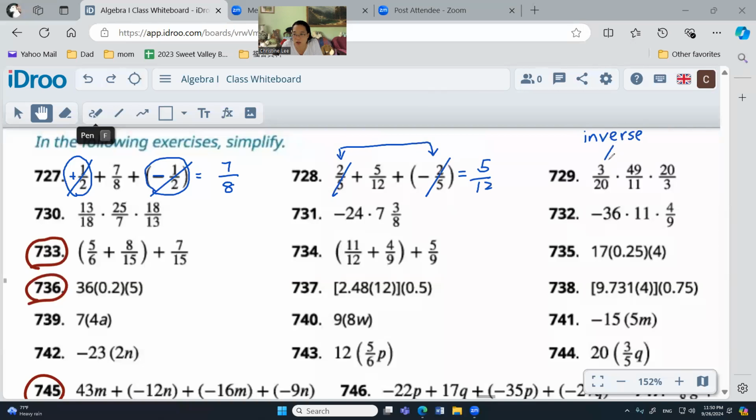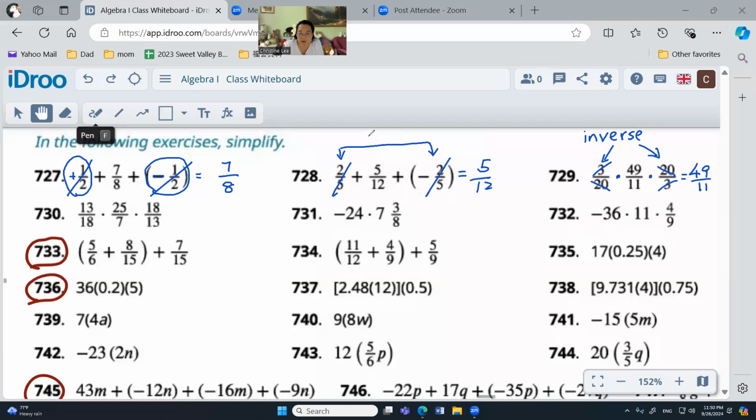This one and this one, they multiply, become 1. They are called inverse. Multiply, become 1. So cancel, cancel, cancel, cancel, become 1, right? So the answer is 49 over 11.